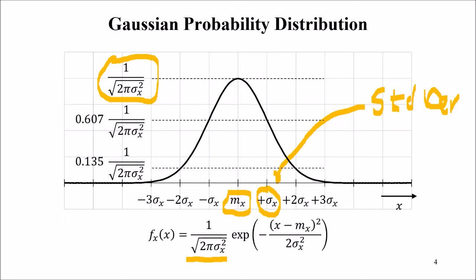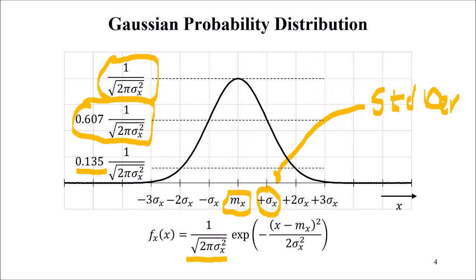If you move 1 standard deviation off of the mean value, the value of the curve drops to approximately 0.6 times its peak value. You move 2 standard deviations off, it's down to 0.135 times its highest value. And you move 3 standard deviations off, it's essentially down to 0, good enough for a hand-sketched curve anyway.